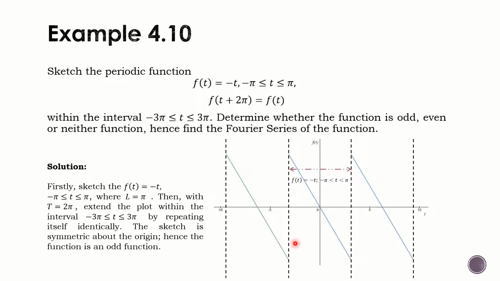This is how you sketch the function. In between negative pi to pi, f(t) equals minus t. This is one complete cycle where the period is 2 pi.